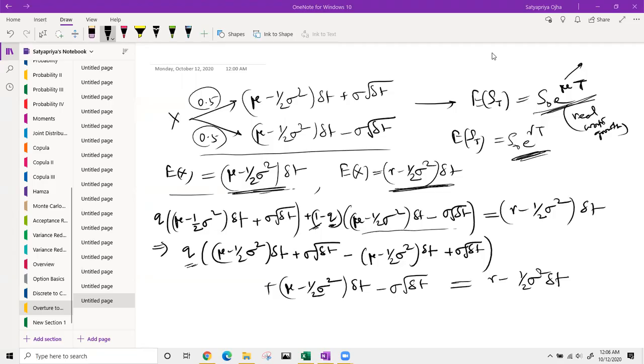That's fine. So this implies Q times, let's see, please cancel everything. So this whole thing gets cancelled. I get 2 sigma square root of delta t plus mu delta t.